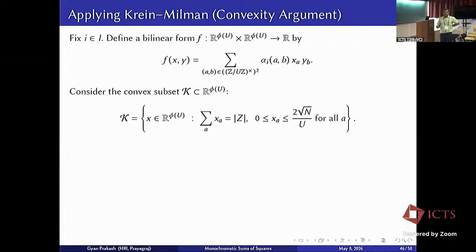But on the other hand, the advantage is that the extreme points might have a nice structure. So you will have a better chance of obtaining an upper bound for this bilinear form over the extreme points, and it will be easier.